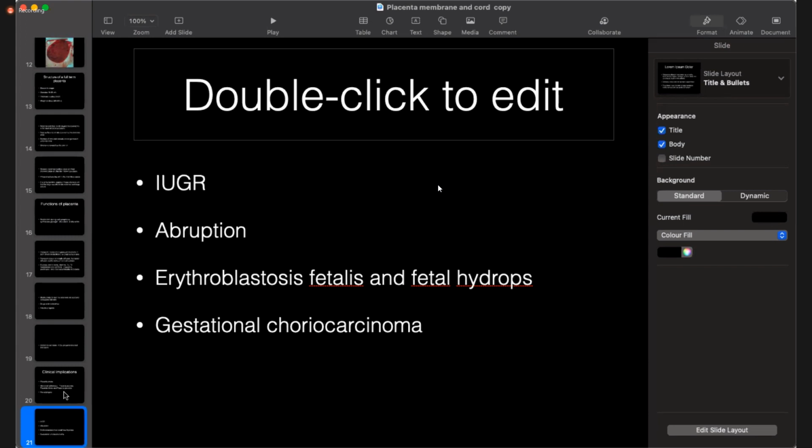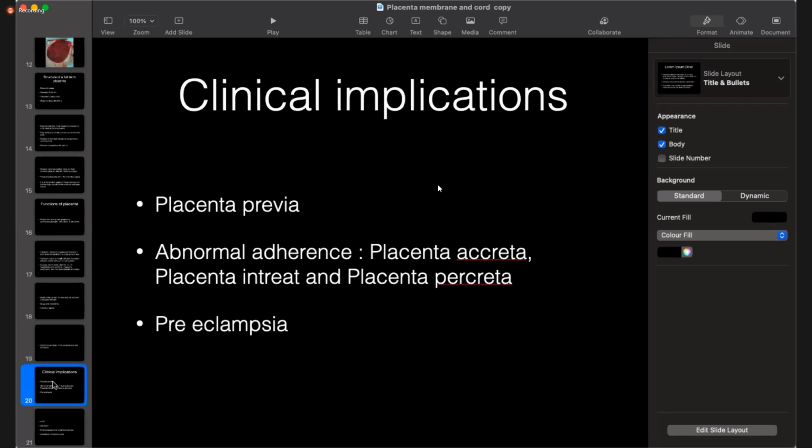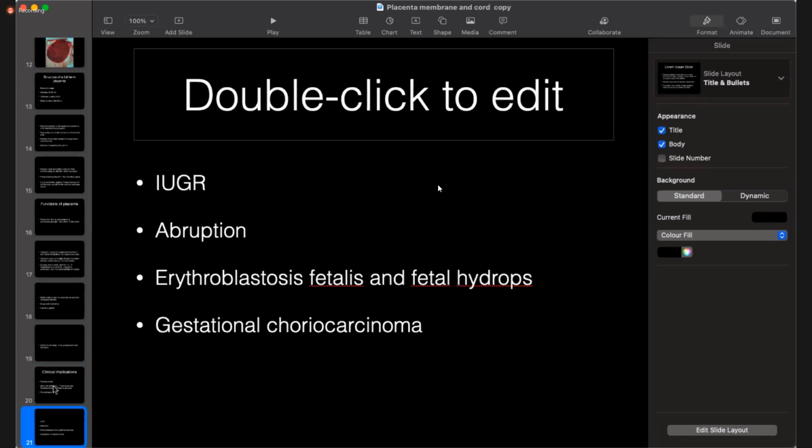If it is a positive, that will cause immunization of that second baby, and they become edematous and anemic, and the condition that develops is called erythroblastosis fetalis.